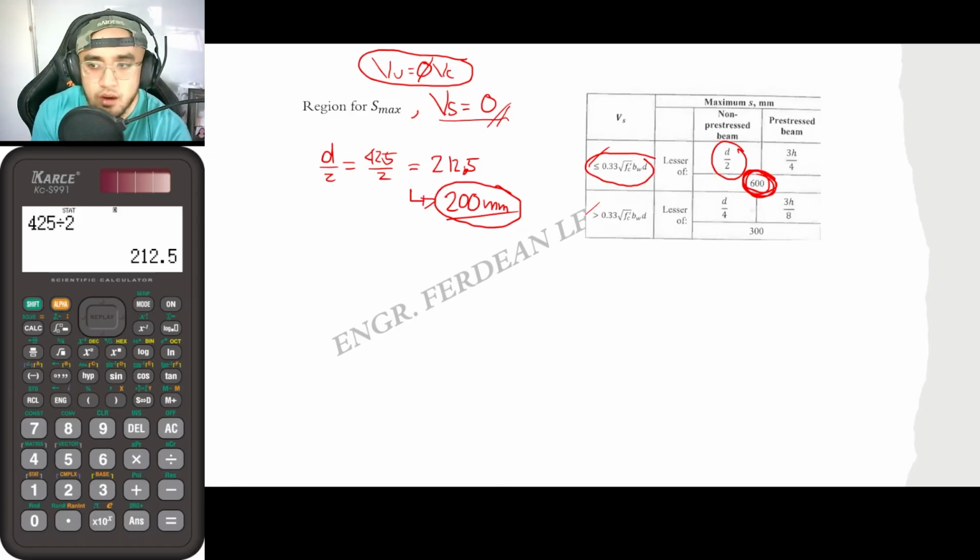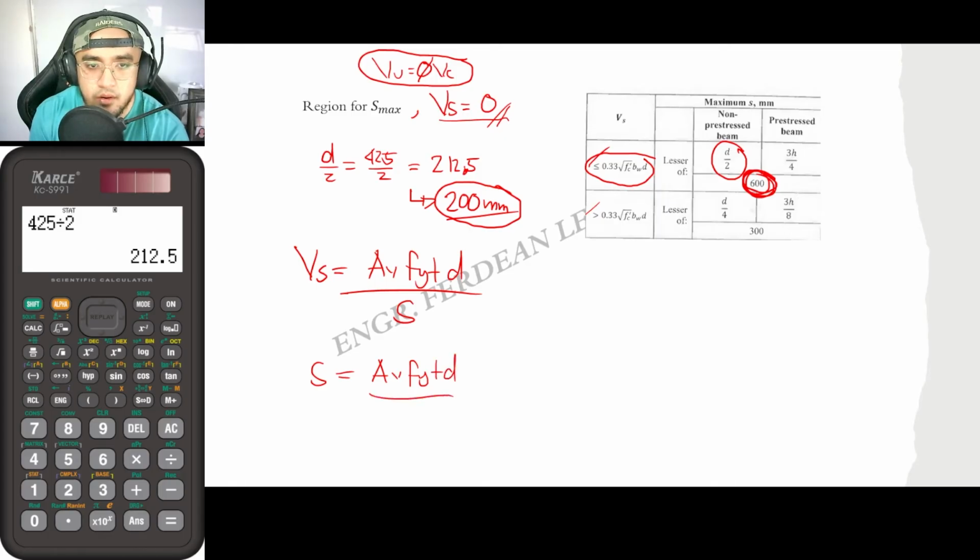As you can remember, Vs is equal to Av fyt d divided by s, or s is equal to Av fyt d over Vs. It will be up to you which one you will memorize. Just take note that both of them came from the same equation.